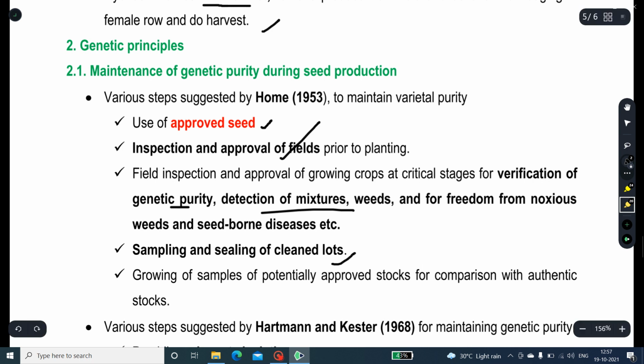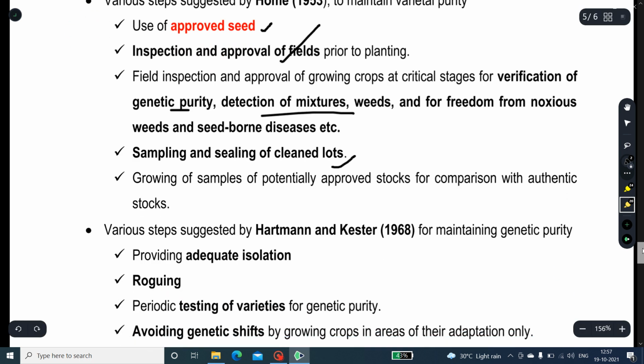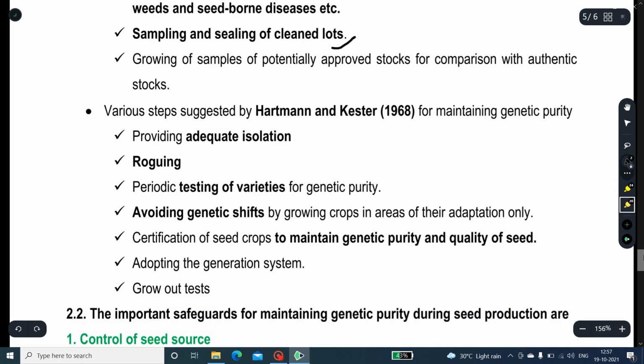And the various steps suggested by Hartmann and Kester in the year 1968 for maintaining the genetic purity are as follows.